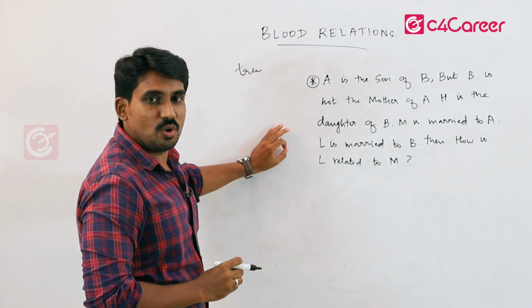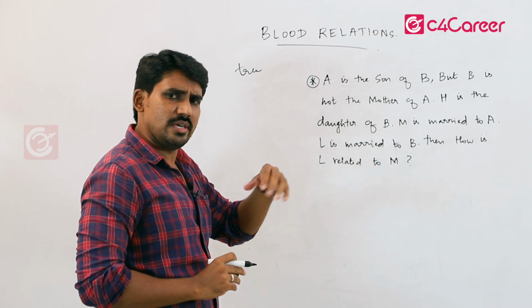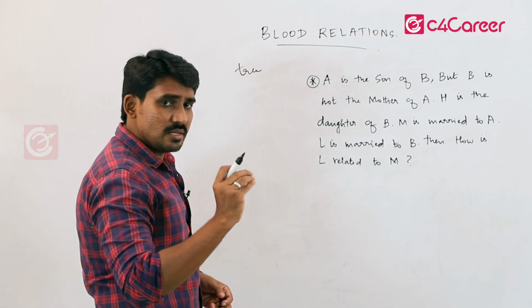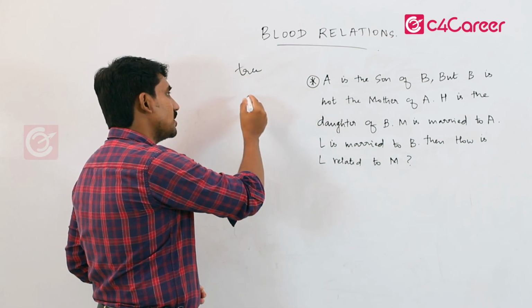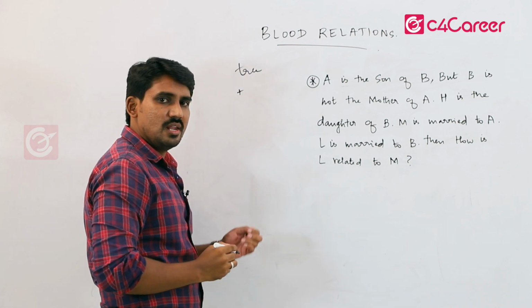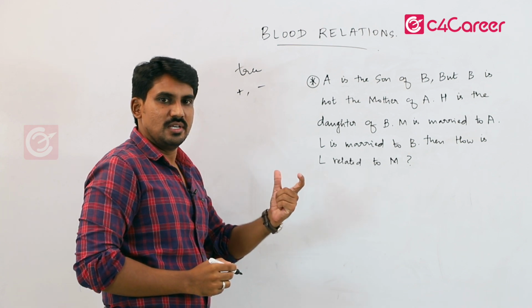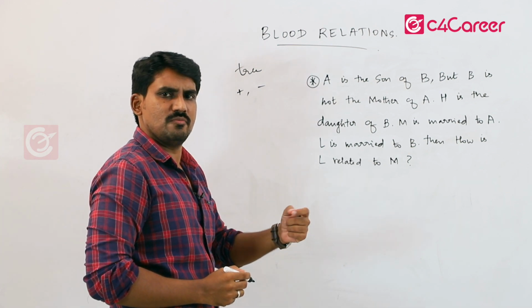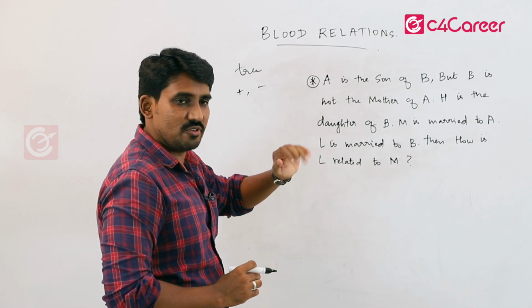Now, you have to know how to draw a family chart or family tree. We can easily draw that. Just remember, whenever we are reading a question, when we understand the given person is male, put plus. And if female is given, put minus. Rather than indicating M for male, F for female, we can use these symbols, plus for male, minus for female.